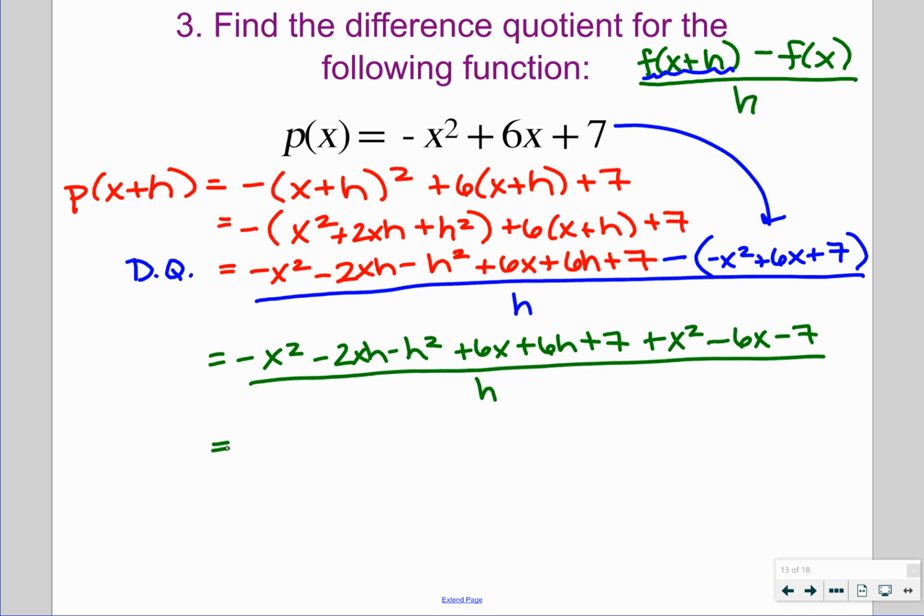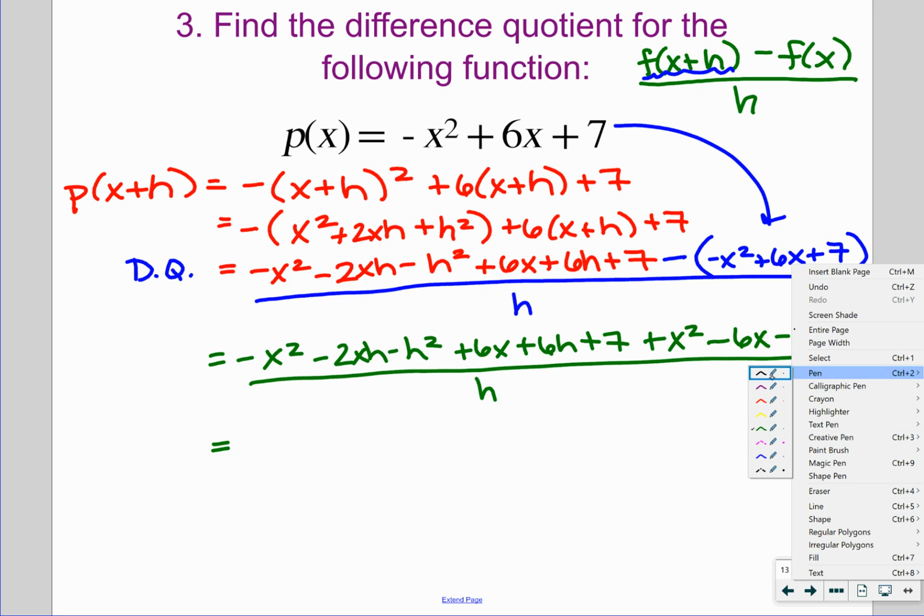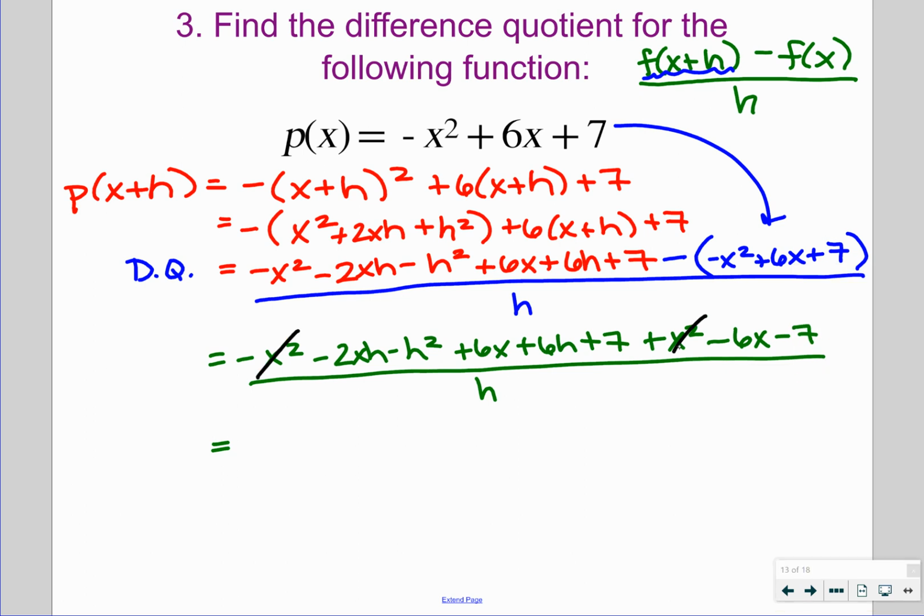Now, if you're doing this right, anything that came from the original function should cancel. Like you have a positive x squared and a negative x squared, those cancel. I have a positive 6x and a negative 6x, those cancel. And I have a positive 7 and a negative 7 that cancel.